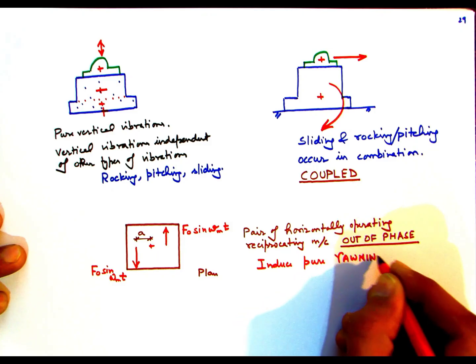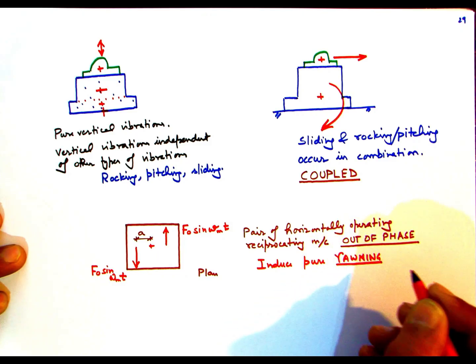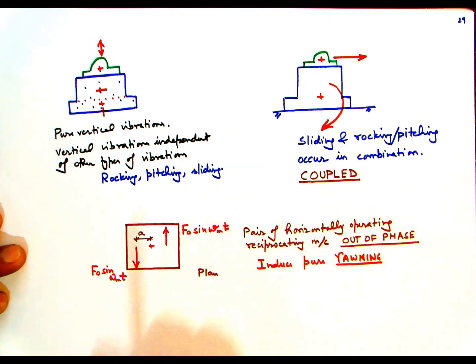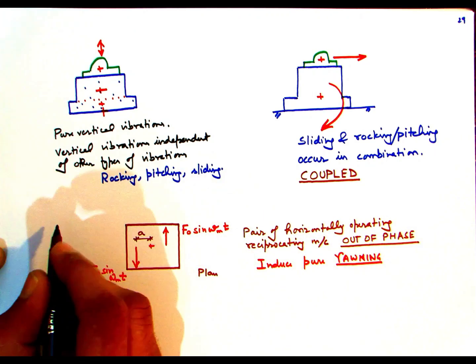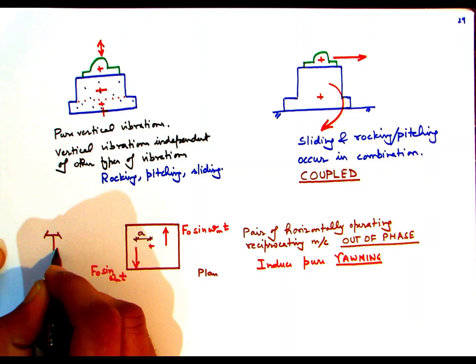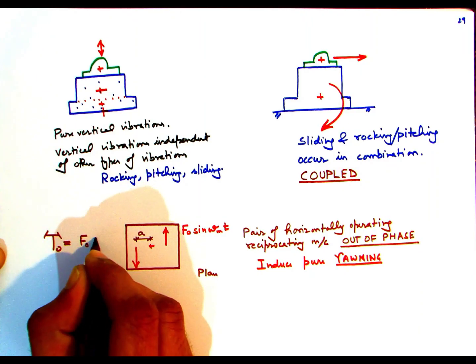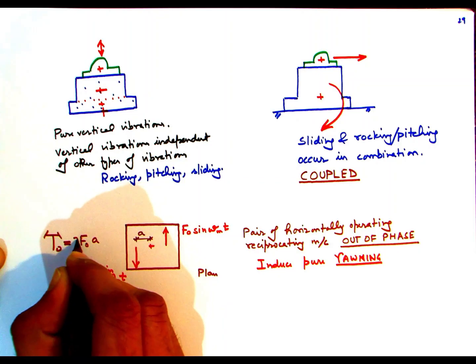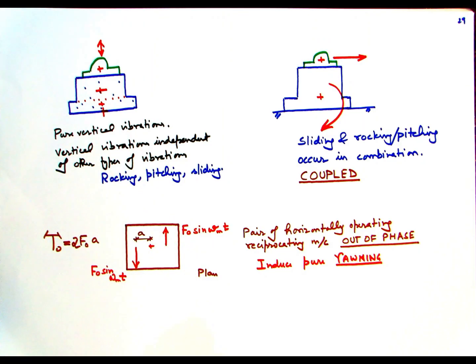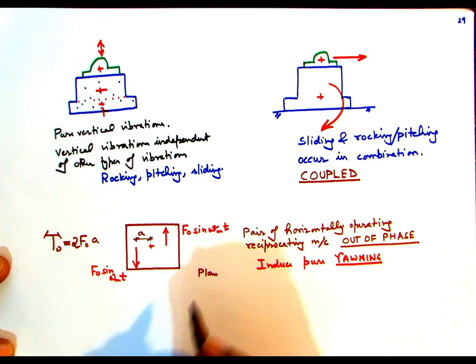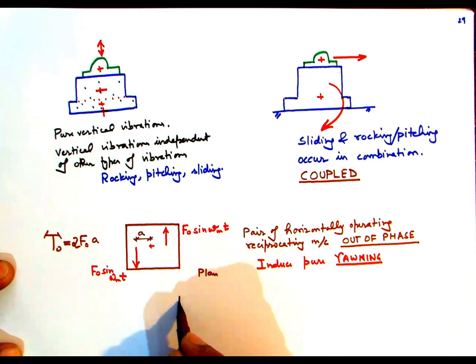It will not produce any sliding or rocking or pitching. So the expression for the amplitude of the torque can be written as the product of the force amplitude multiplied by the distance separating them in plan.